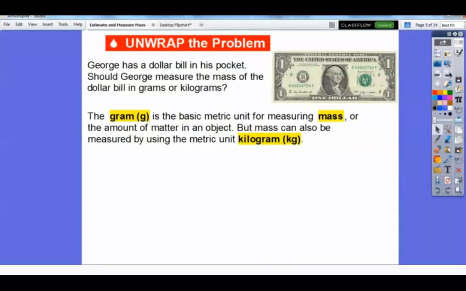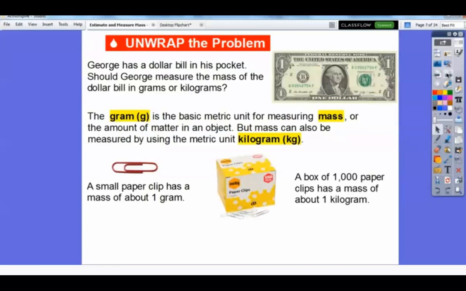All right, so a small paper clip has the mass of about 1 gram, okay? Everybody has small paper clips either in their teacher's desk or maybe your student desk at school. If you have a box of 1,000 paper clips, that measures the mass of about 1 kilogram.